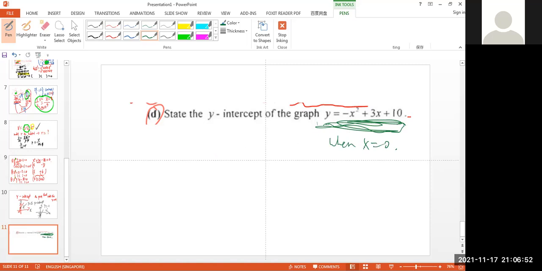Because when you, let's sub x equals 0 into this. So next time when people ask you what is the y-intercept, you just sub x equal to 0 into this equation. So you end up with y equals 10.